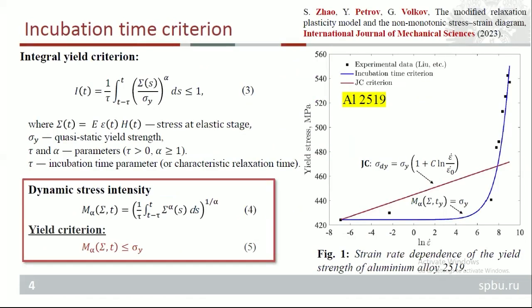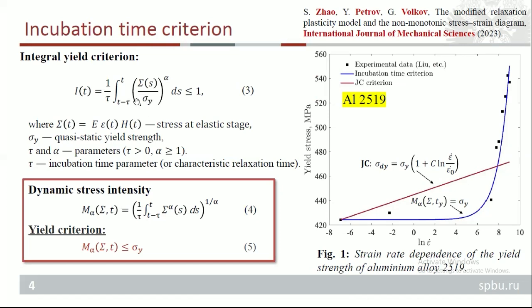Well, in our laboratory, we are developing the incubation time approach proposed by Professor Petrov. In this approach, the rate sensitivity of materials is regarded as a manifestation of their time sensitivity. For instance, in this dynamic integral yield criterion 3 proposed by Professor Petrov, we have the function sigma, which represents the stress level at the elastic stage.